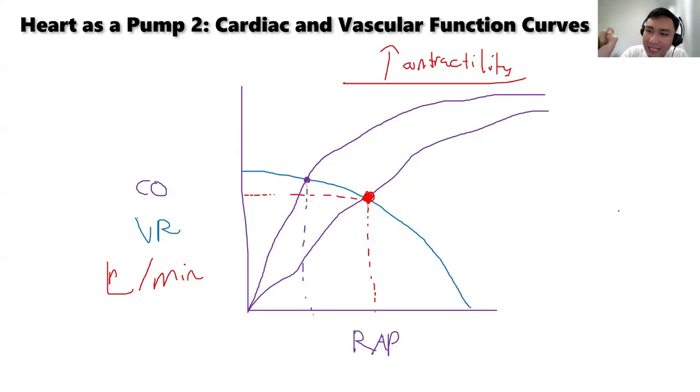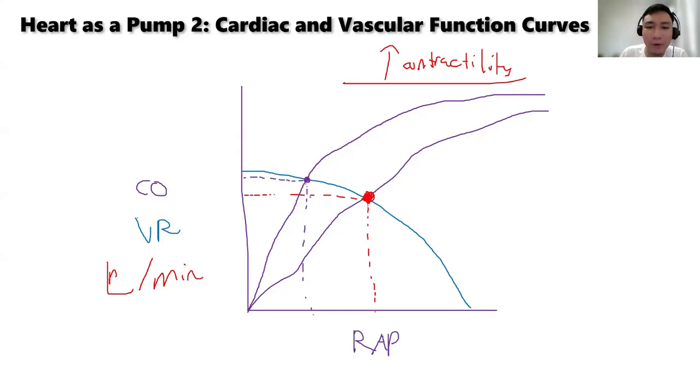Which also means, nag-increase din yung ating vascular return. Okay? Equal, at this point, equal pa rin, okay, yung ating cardiac output and vascular return. But, tumaas na yung value nila.